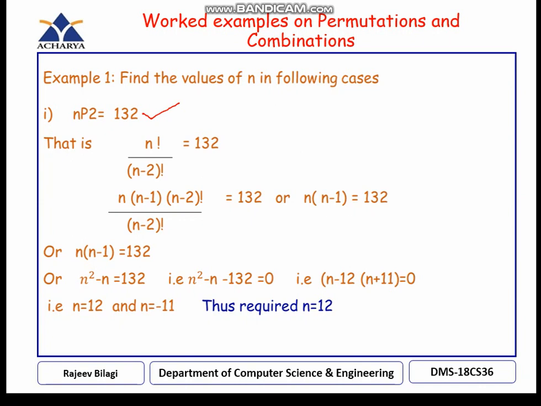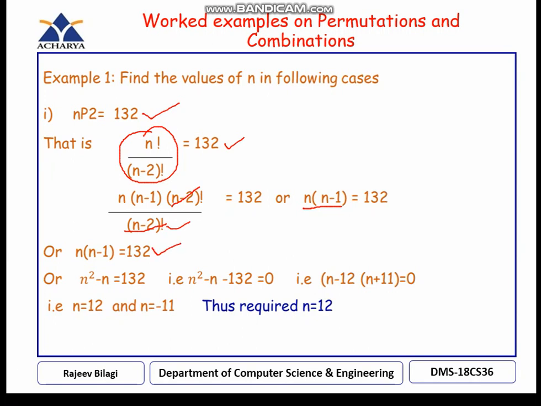I'll apply here: n factorial divided by (n minus 2) factorial is equal to 132. So I can write this as n into bracket n minus 1 into (n minus 2) factorial divided by (n minus 2) factorial. So this and this get cancelled. I am left with n into bracket n minus 1 is equal to 132.